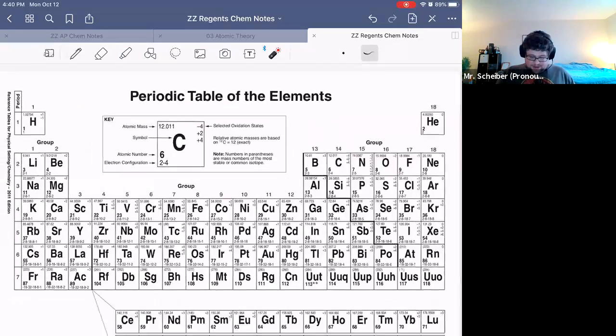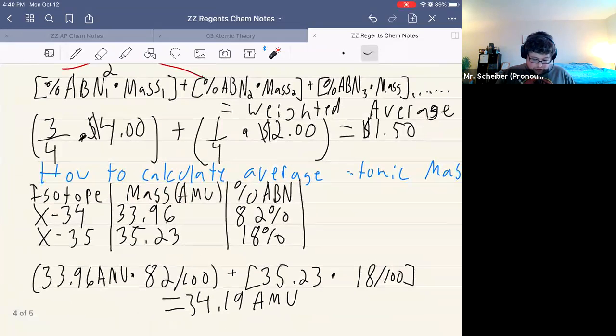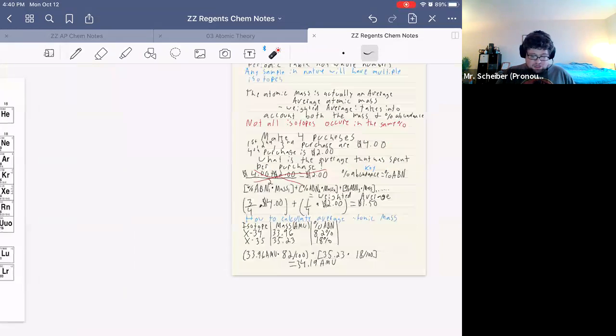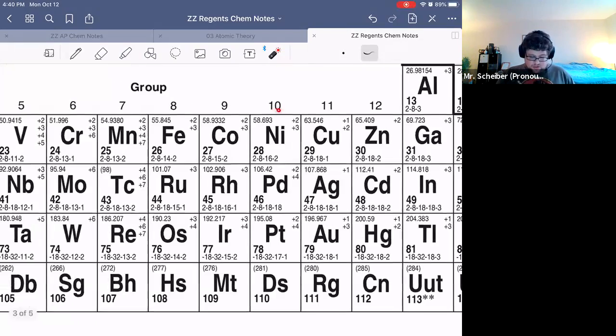And if we look back at this example, we see that the number is much closer to 34 than it is to 35, right? So if we look at any of these atomic masses and we simply round to the nearest whole number, we can tell which isotope is probably the highest percent abundance.